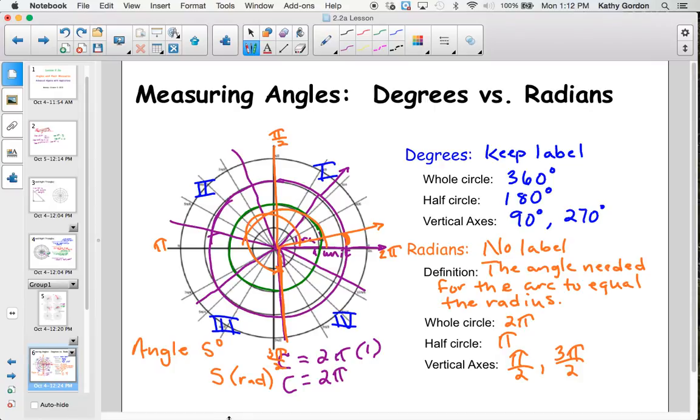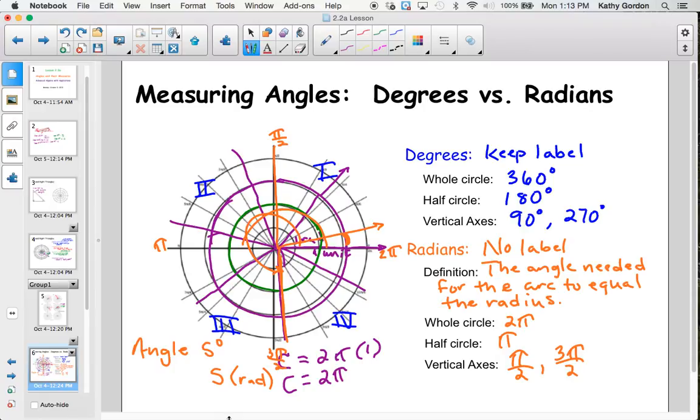The reason it's not necessary is because when we come up with what this measurement is supposed to be for the angle, we are taking the ratio of this length to this length. Which means if this is in centimeters, then this is in centimeters, and the centimeters cancel out.